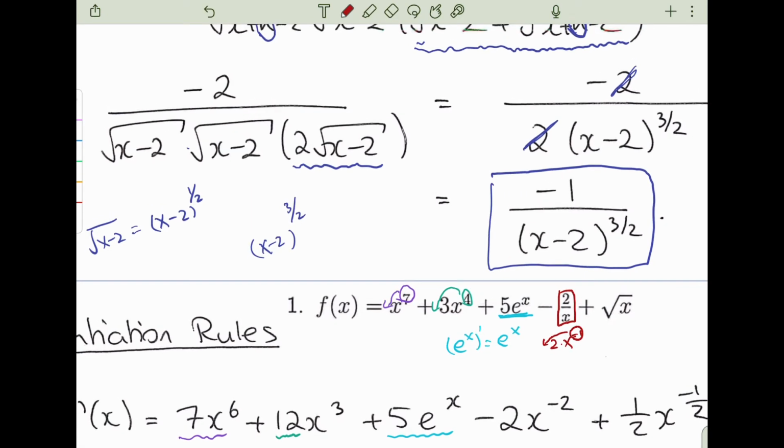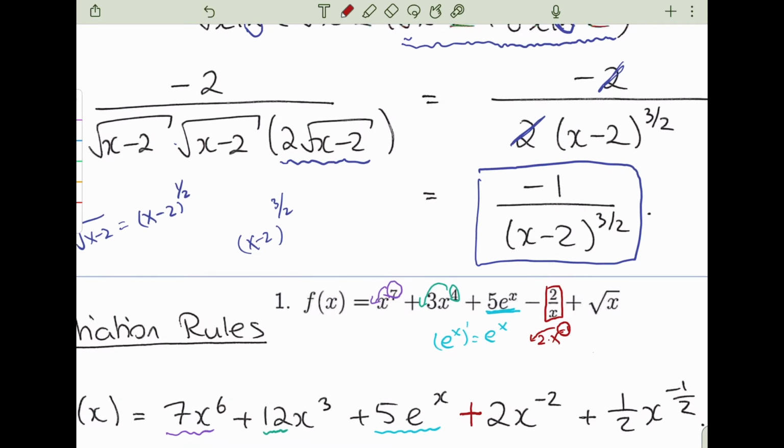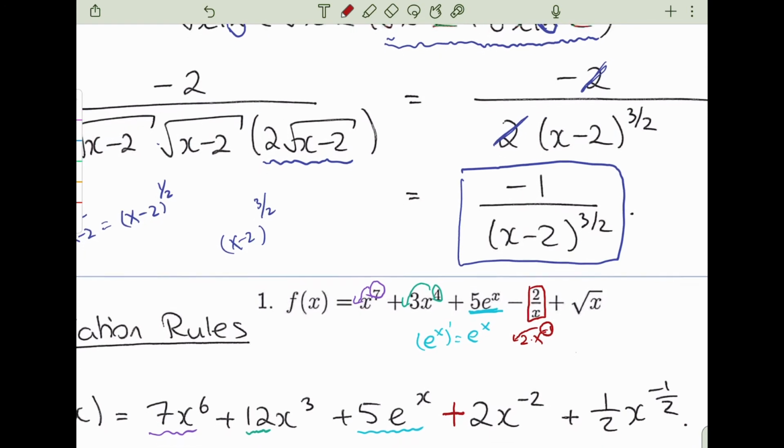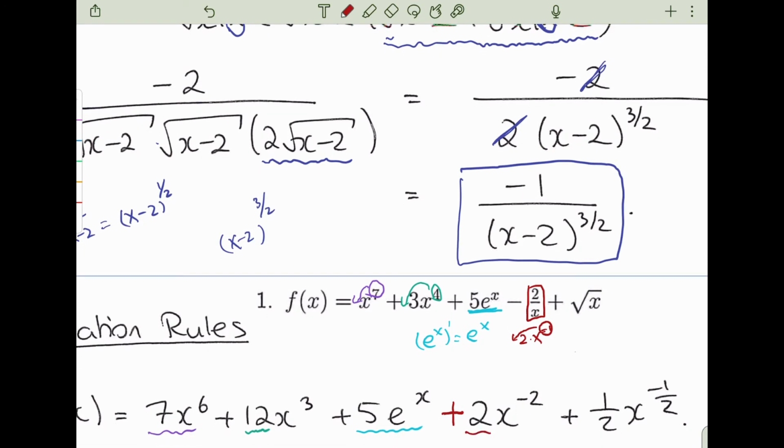Minus negative 2, so that is plus. Yeah, this is supposed to be plus here. The negative sign cancels with the negative sign before the 2 over x. And the new power is the previous power minus 1, so that is minus 2 power. So that is this term here.